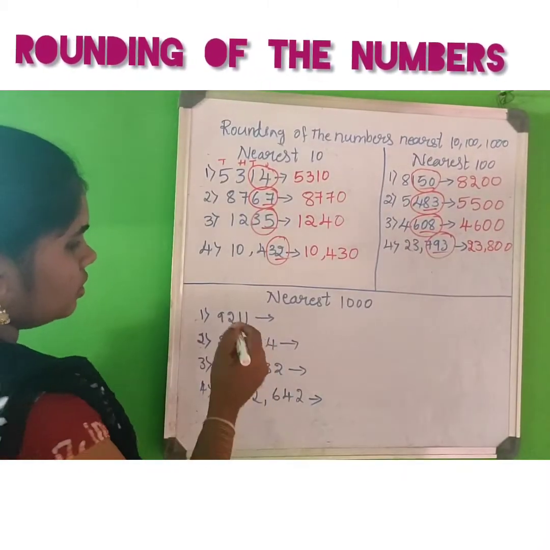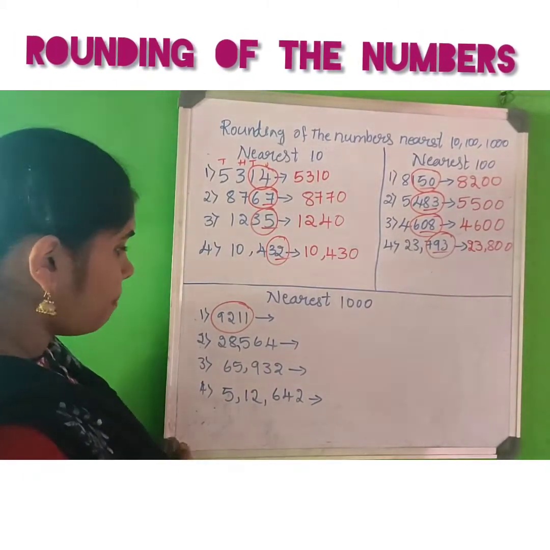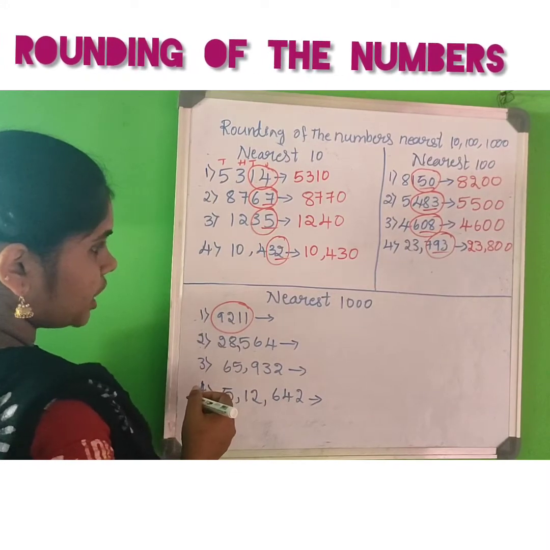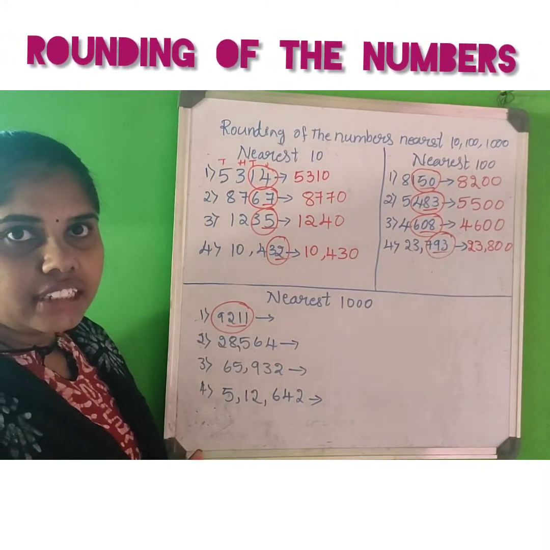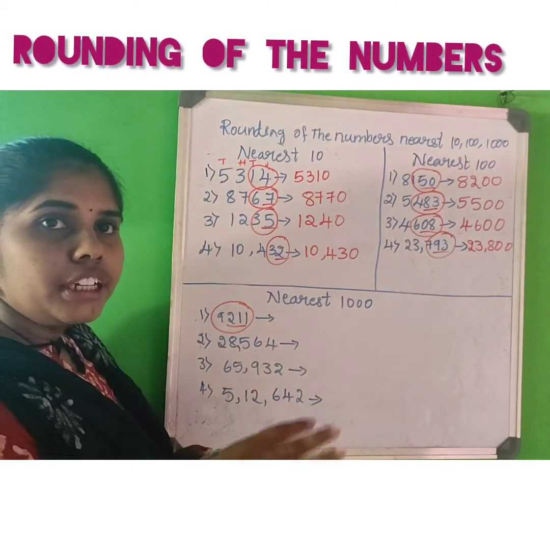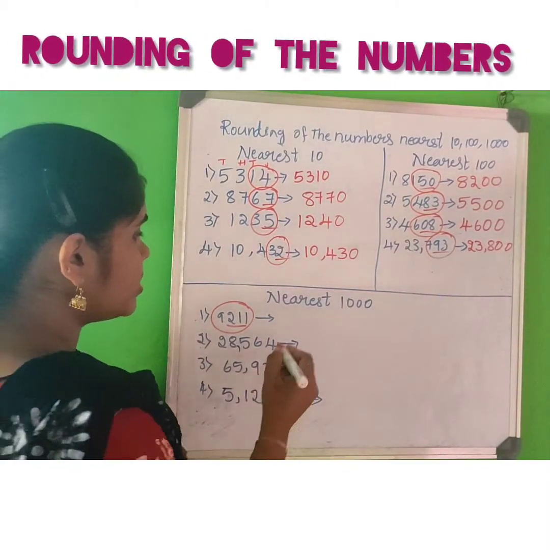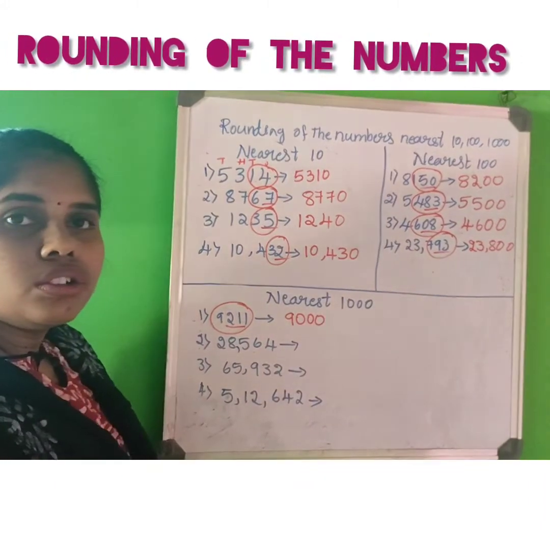Nearest 1000, so 9,211 is given. In that, 211 is below 500, so we apply the right hand reference rule: keep the 1000 place as it is, and the remaining terms become 0.